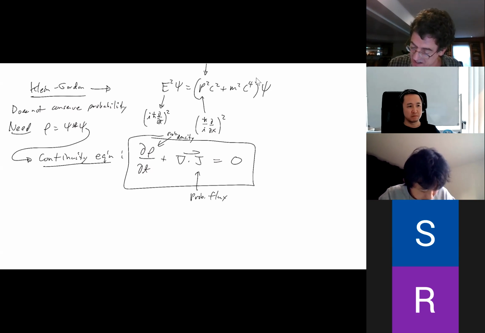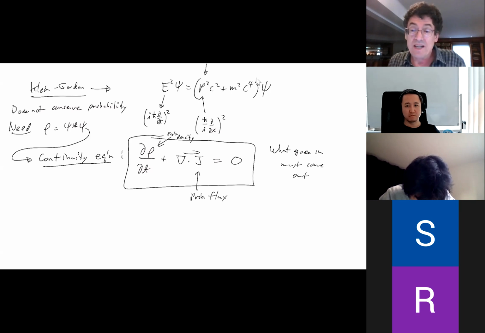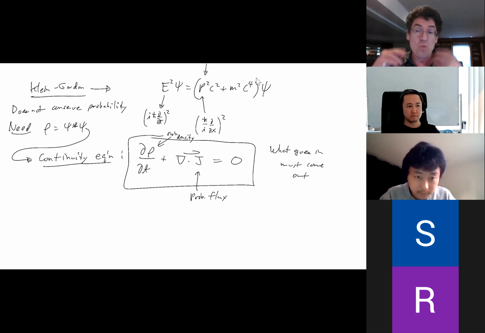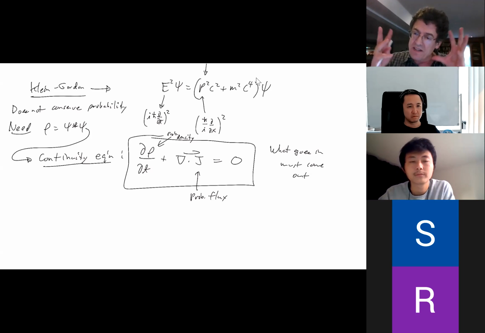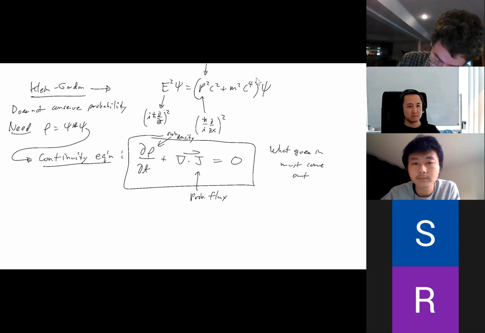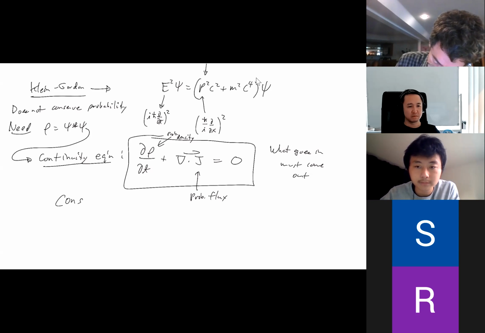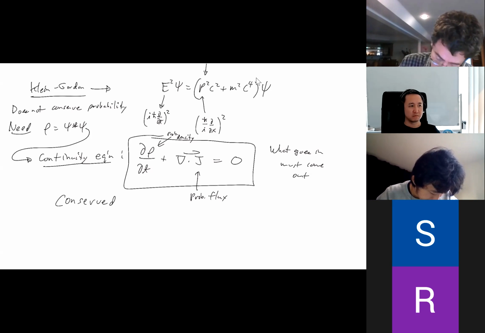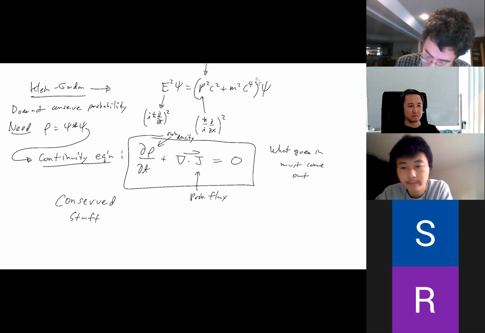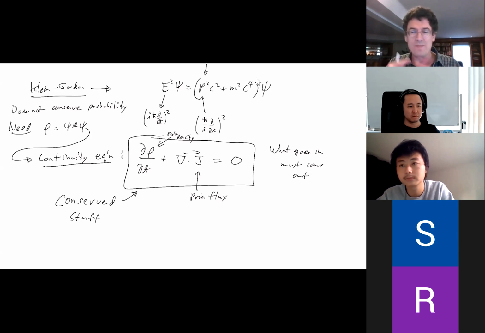This is basically just saying, what goes in must come out. That's the continuity equation. I know you've all seen it somewhere. Whenever you have stuff like water, oil, blood, whatever, that's conserved, and when I say conserved, I don't mean energy conservation.